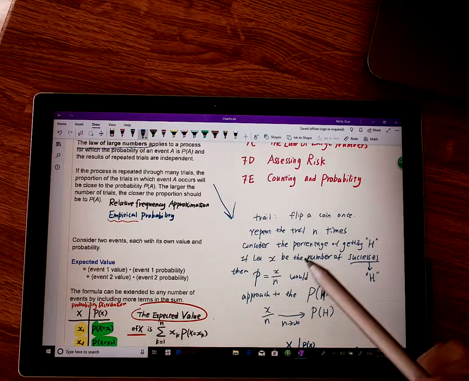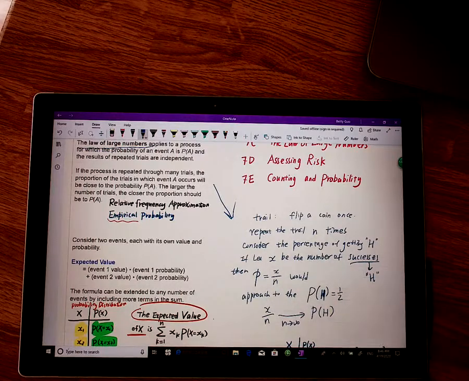Please relate this example to the law of large numbers. This is a pretty simple, straightforward, and very useful example. The second definition of probability, the empirical probability, another name is the relative frequency approximation, is based on the law of large numbers.